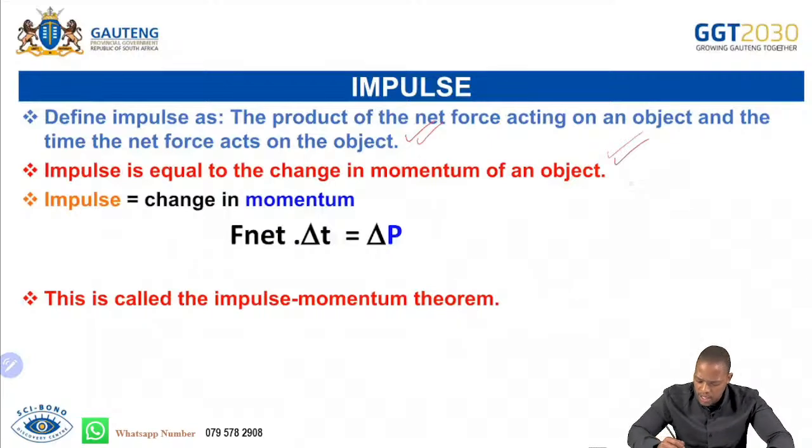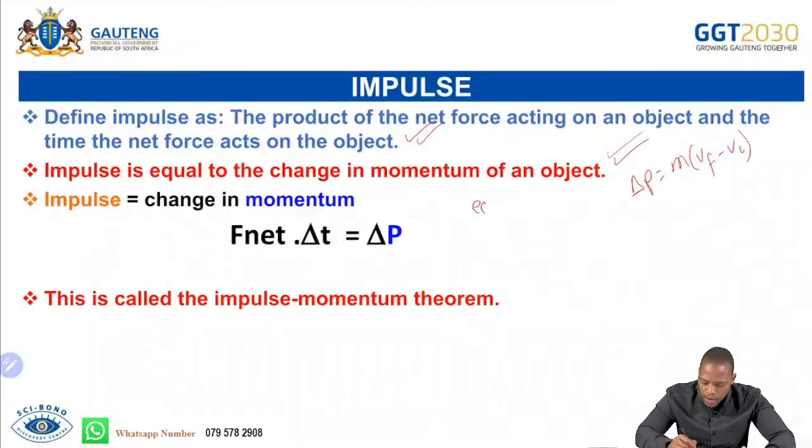If you remember, we said that change in momentum is given by m(vf minus vi). If you remember from last week, this is our change in momentum. So it is said that the impulse on an object is equal to the change in momentum of that particular object. They are equivalent. They are equal.